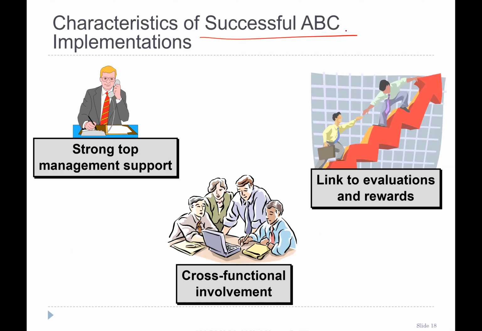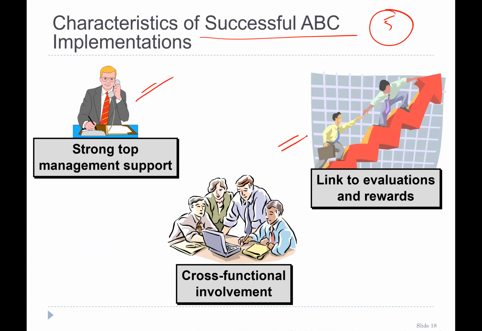Characteristics of successfully implemented ABC: it requires strong top management support. It is a costly one, right? You need different kinds of consultants, researchers to categorize your work and related activities, and then they could develop maximum 5 levels of activities, or divide your cost around 5 levels of activities.